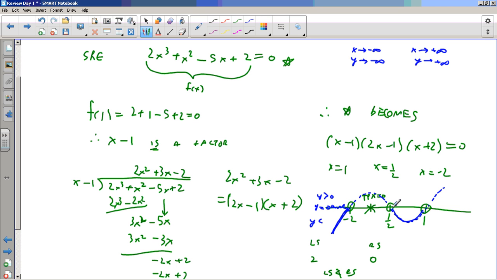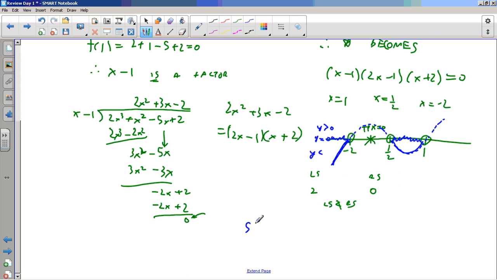Notice my test point did prove true, and this is also a solution. Now I can write my solution set. So my solution set is these ones. x is less than negative 2, put together with a half is less than x is less than 1. And we could put that in interval notation as well.